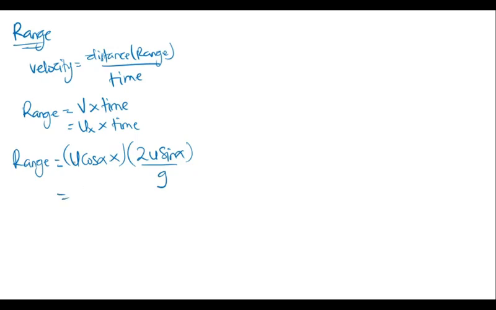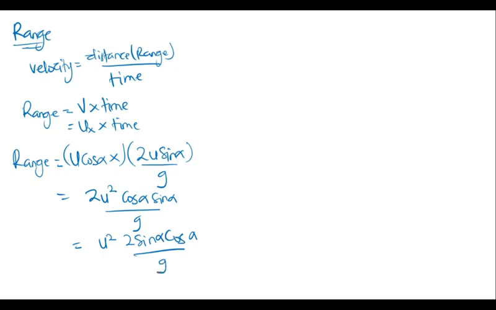If we expand what we have in the bracket over here, we are going to get 2u squared cos alpha sine alpha all divided by g. Okay, so let's rewrite this. We can have u squared here, then we have 2 sine alpha cos alpha divided by g.